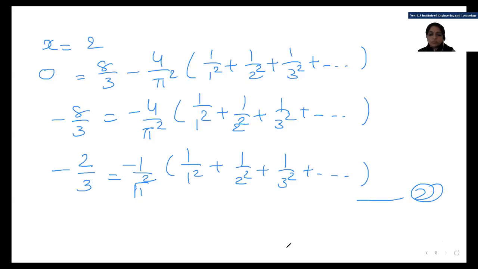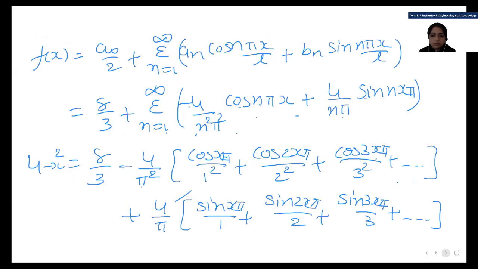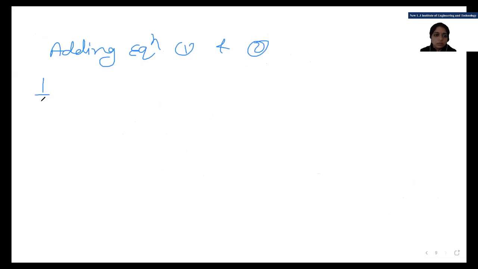Okay, so by adding equation 1 and 2, what is the answer? My left hand side is 1/3 and minus 2 by 3, so 1/3 minus 2 by 3 is equal to, what is my right hand side?